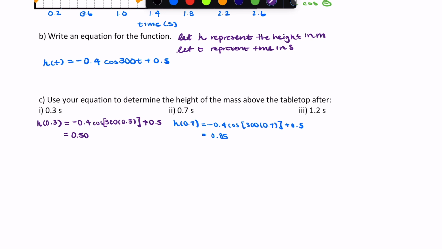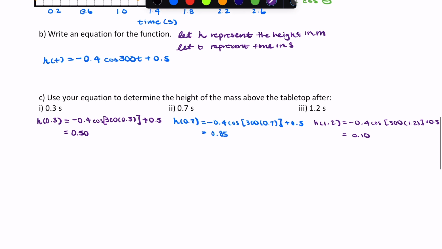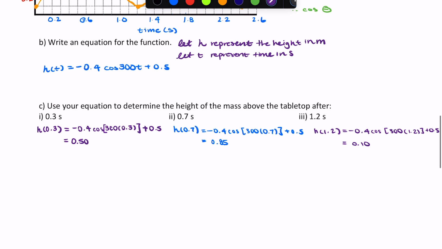And then finally at 1.2 seconds, we'll sub it in. And so h at 1.2 seconds will be equal to 0.10. And again, you can verify the answers using the graph itself.